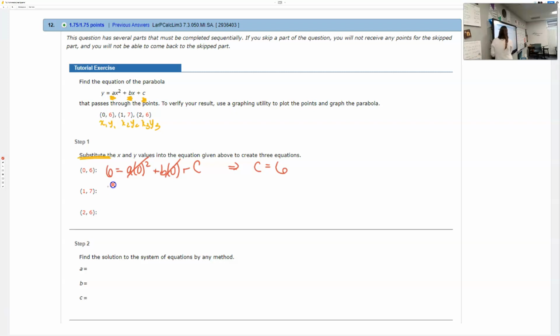Then I would repeat a very similar process, plugging in 7 with 1. I'm just saying, this needs to be true, similar to what you would do with two points to make a line: plug in xy, plug in another xy, solve the system. I'm plugging in three points that I know are on the parabola.